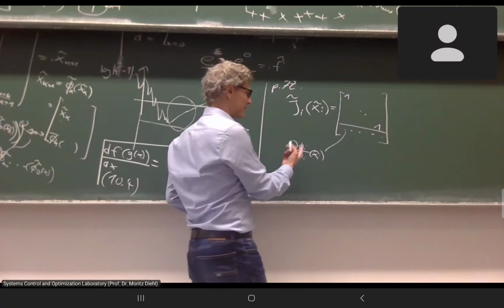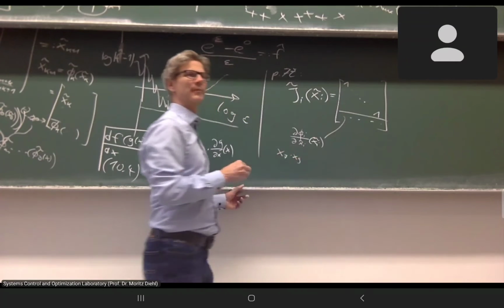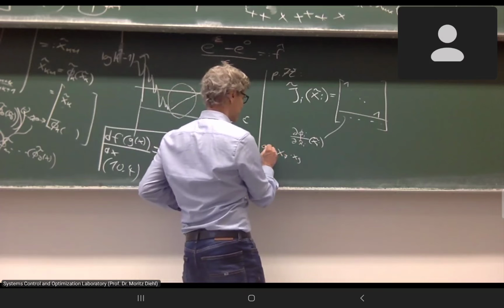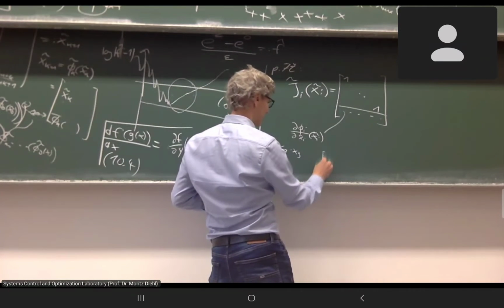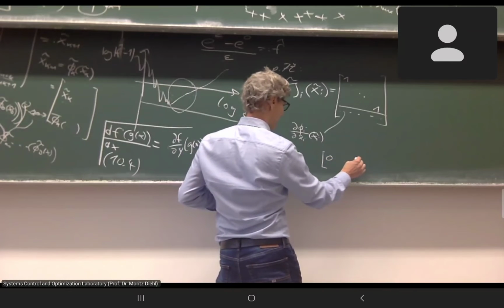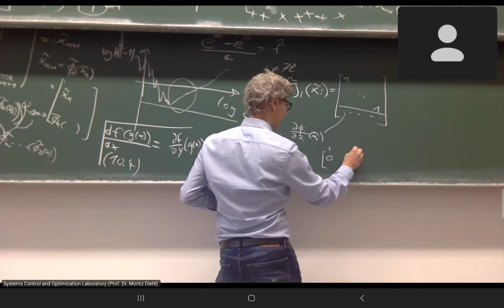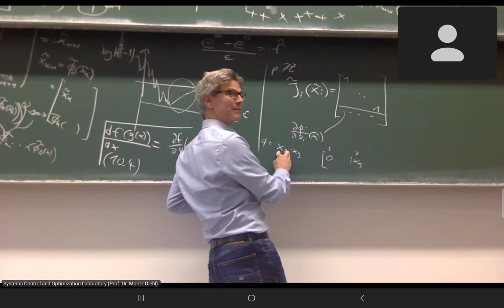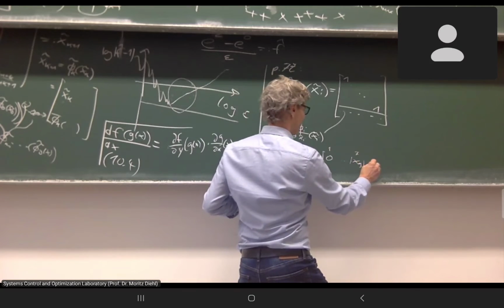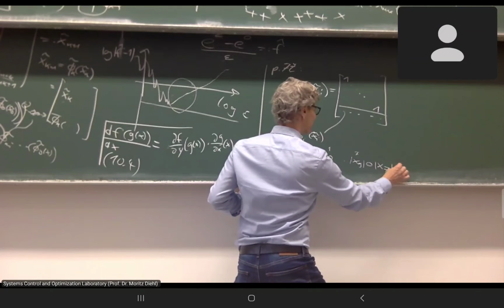For example, if your elementary operation was x7 times x9, then the derivative will be a lot of zeros until I reach entry 7. The 7th entry will be x9, because x9 is the partial derivative with respect to x7. There will be 0 on the 8th entry, and then here will be an x7, and then here will be 0, right?